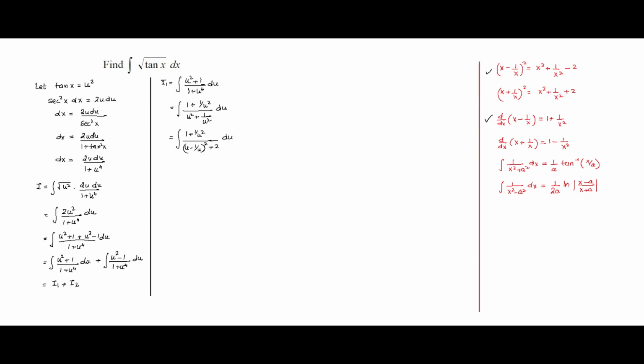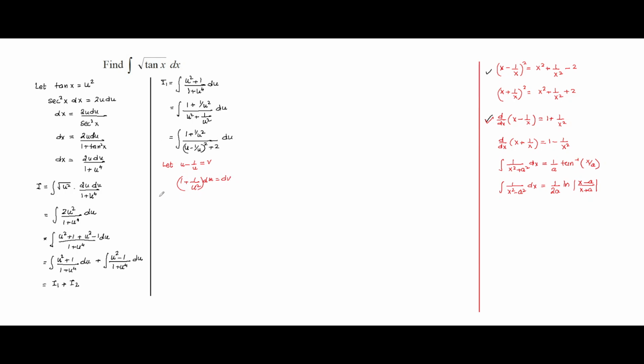Now once again we are going to assume let u minus 1 over u equals v. Now if we take the derivative using this one, it becomes 1 plus 1 over u squared du equals dv.